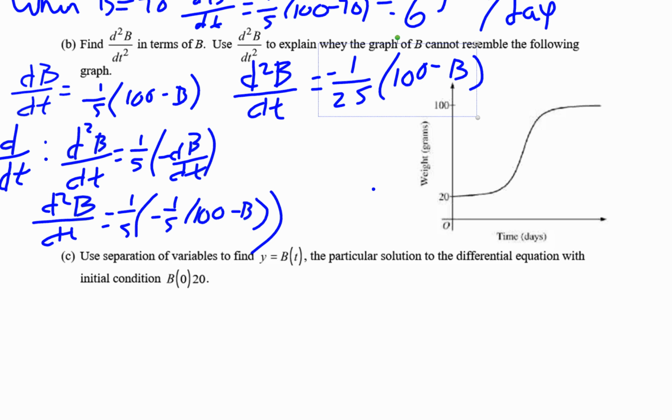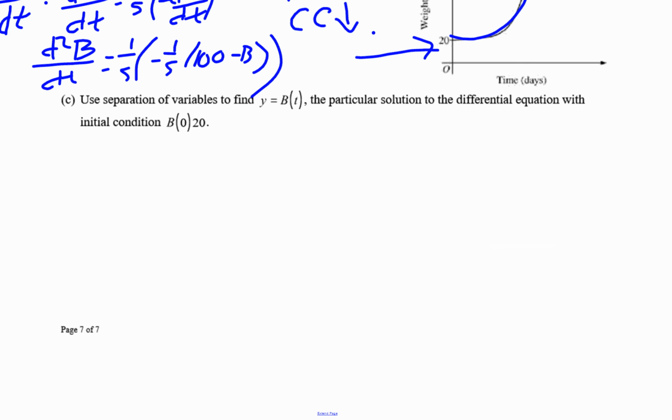And if b is less than 100, then say like 90, 70, 60, the function should be concave down, like a frown. But that doesn't match this graph. This graph is concave up, like a cup. So that would be a way to explain that.